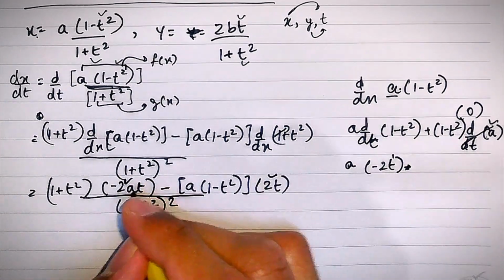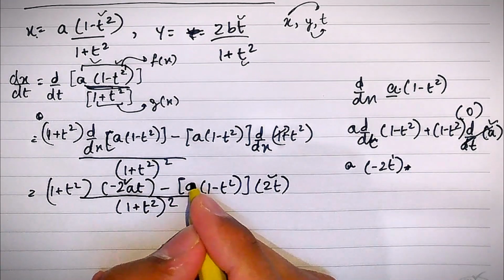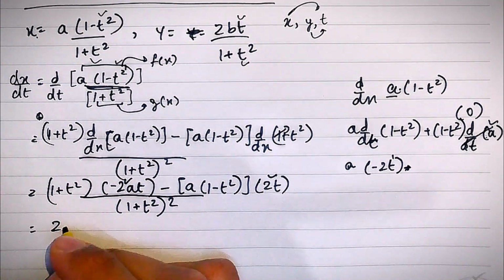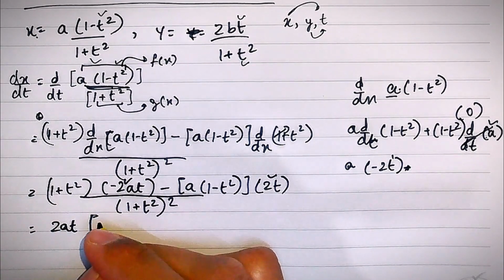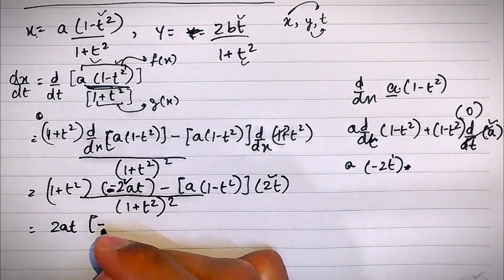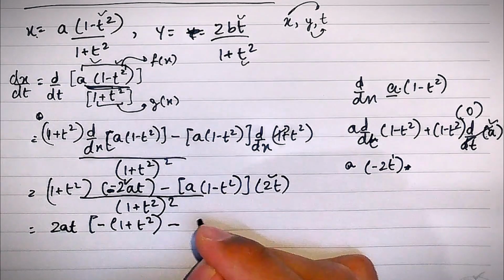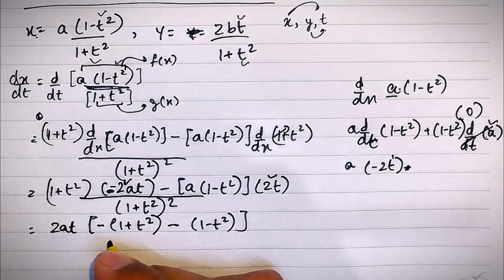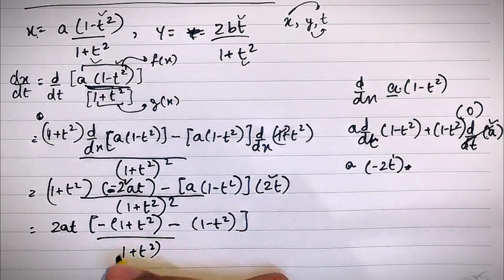So 2t is common, and a is also common if you see in all of these terms. So let's just take those things out. We have 2a and t. We have the negative sign first of all, (1 + t²) minus what is remaining over here, only this thing, (1 - t²), and in the denominator we have (1 + t²) whole square.